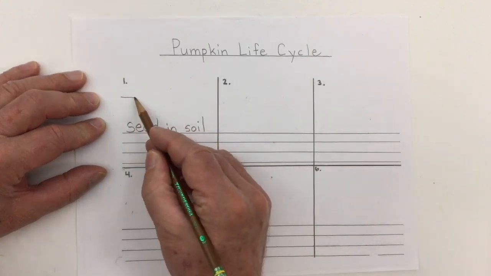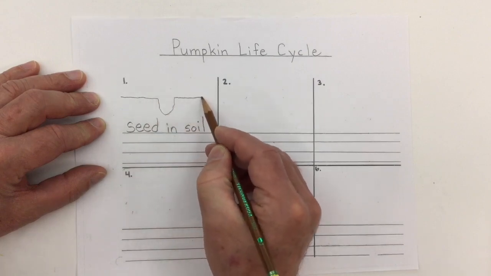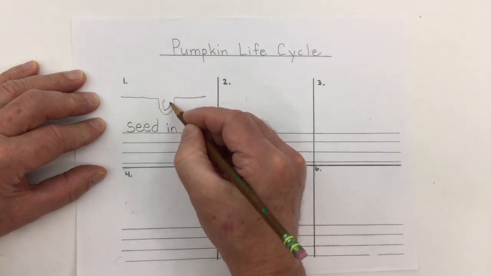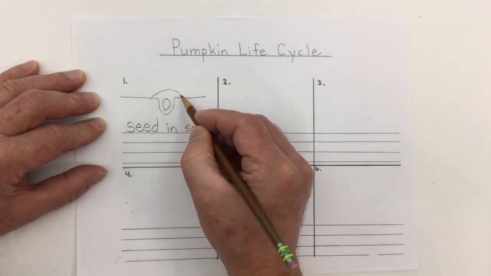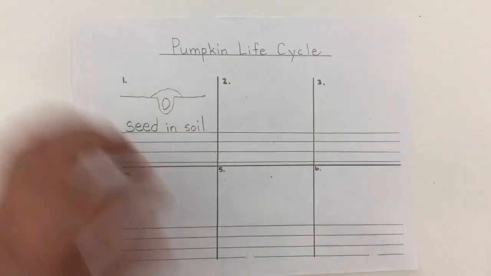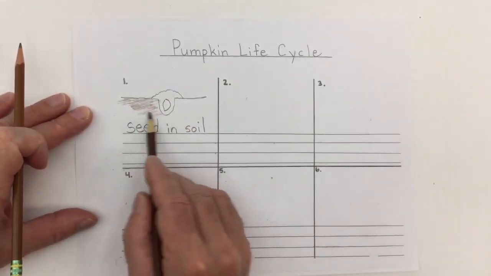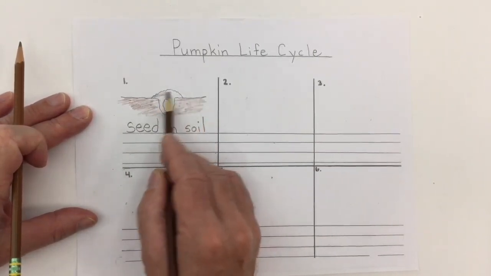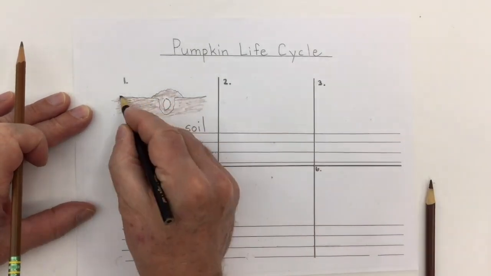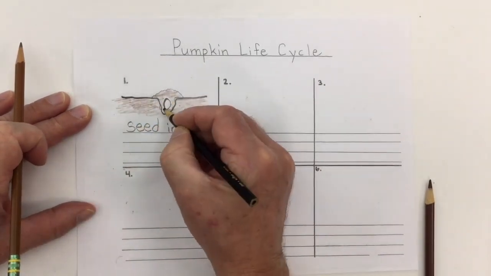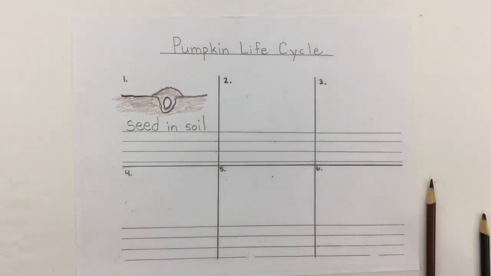Let's draw a picture of the dirt. And we'll make a hole here. And inside the dirt, we'll put the pumpkin seed. And we'll pile up some dirt on top as well. Just like that. Let's add some color. So there's our pumpkin seed all nice and nestled in the soil.